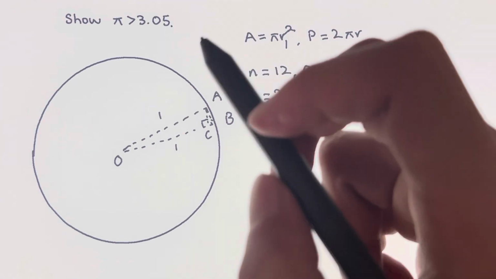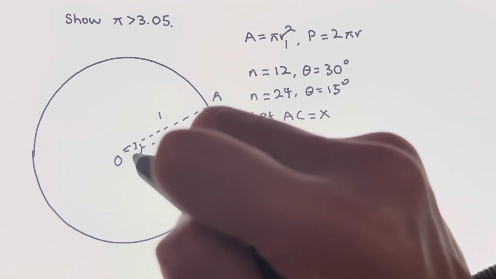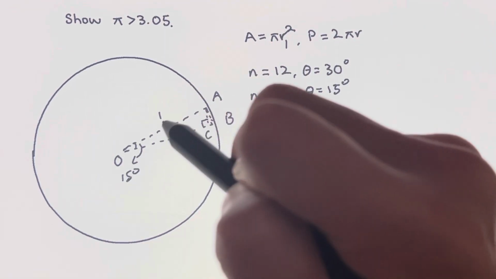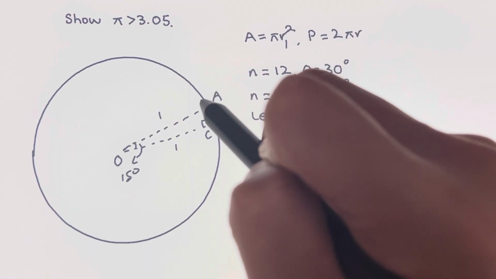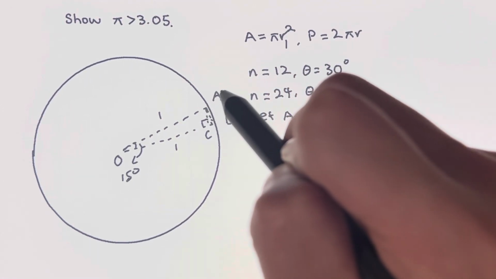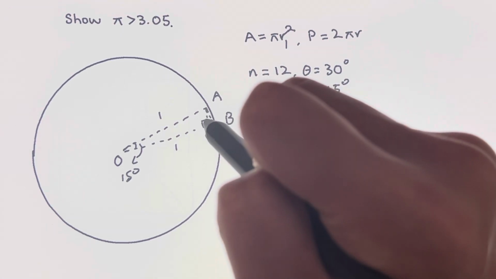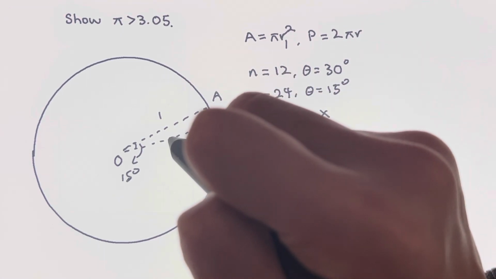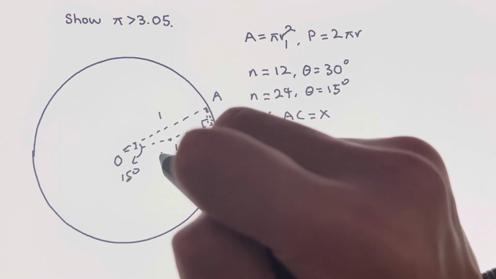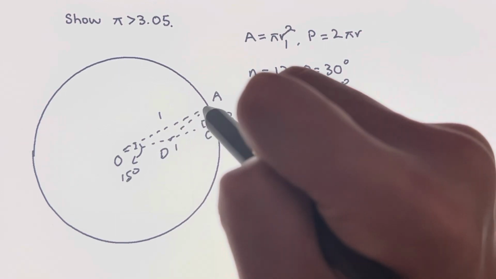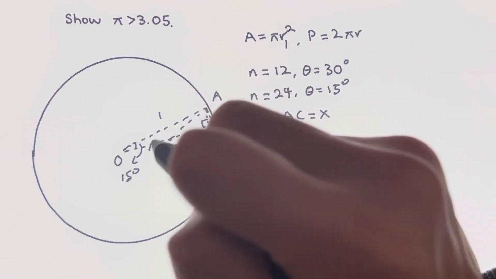So if you let this equal x and this is 15 degrees, well, how do we construct a 30-degree angle then? Because our goal is to construct a 30-60-90 triangle. Well, to do that, we have a right angle here. So we can set a point here as D, such that AD equals OD.